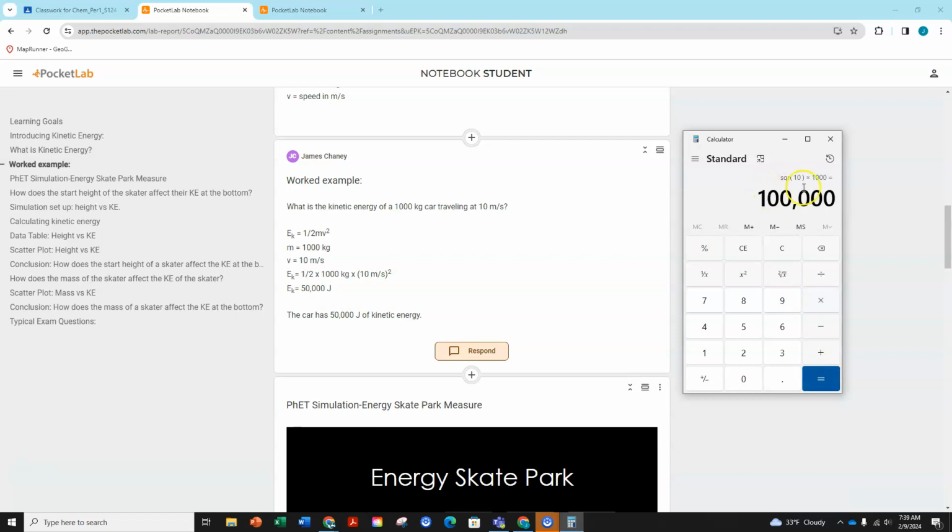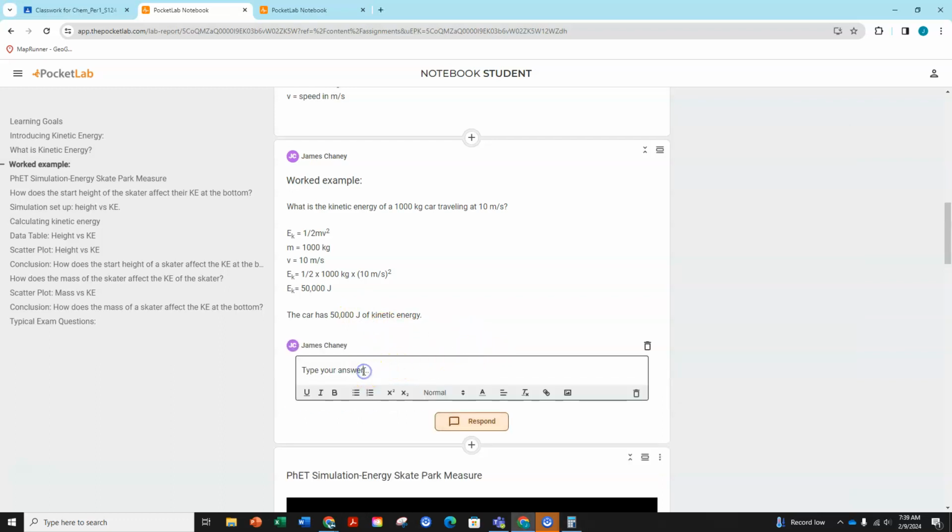And we've got 100,000, and then we're going to divide that by 2 or multiply it by 0.5, which is half. So I'm going to multiply it by 0.5 to keep it consistent with our formula, which gives us our 50,000. That agrees with our 50,000 here. So you are clicking into your response here and you are typing the answer, 50,000 joules.